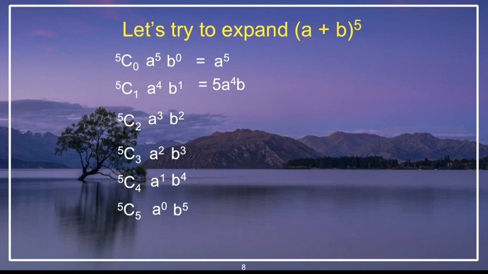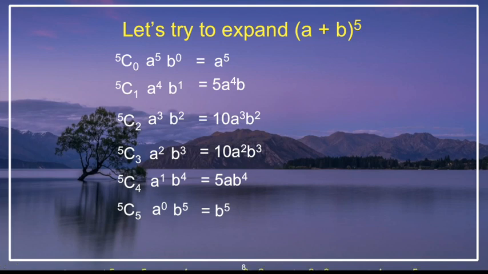Combination of 5 taken 2 is 10a cubed b squared, and take note that combination of 5 taken 2 is the same as combination of 5 taken 3, because 3 is equal to 5 minus 2. Then combination of 5 taken 4 is 5ab to the power of 4, and a to the power of 0 is 1. Combination of 5 taken 5 is just 1, therefore it's just b to the power of 5.